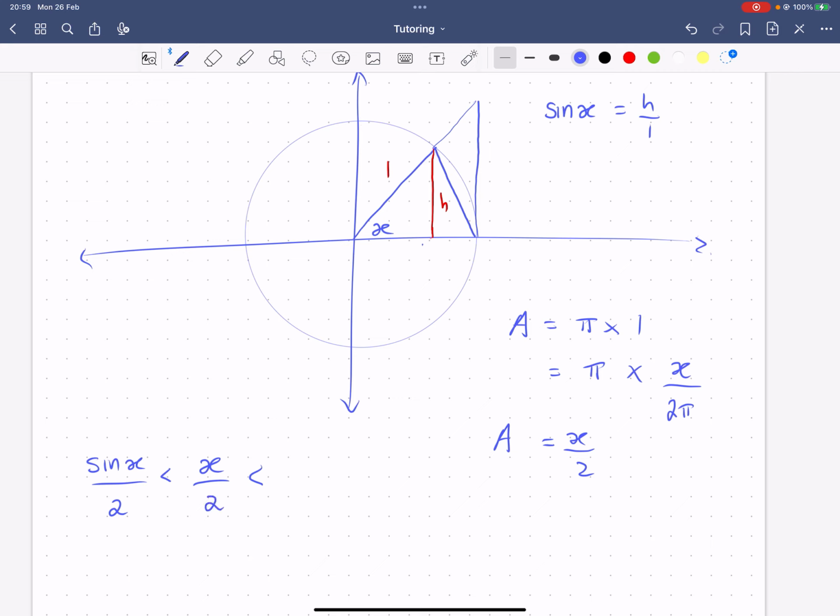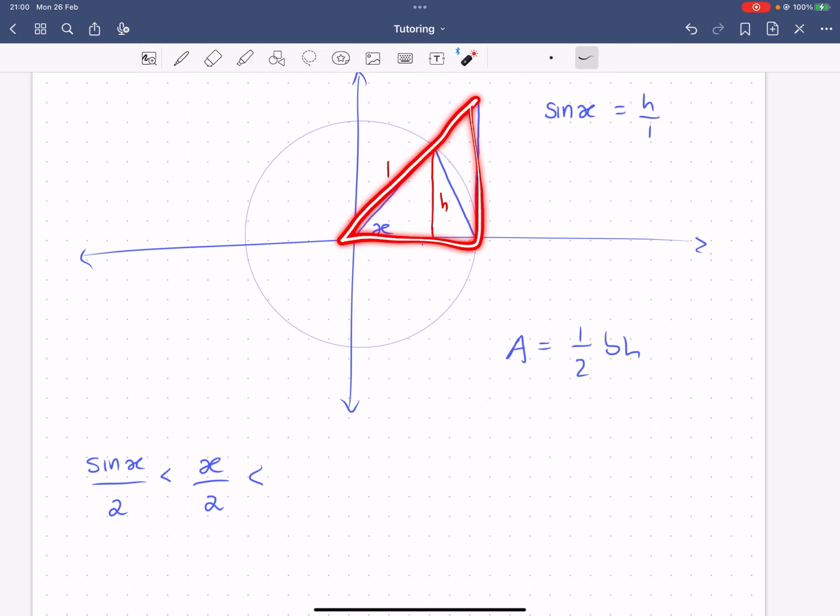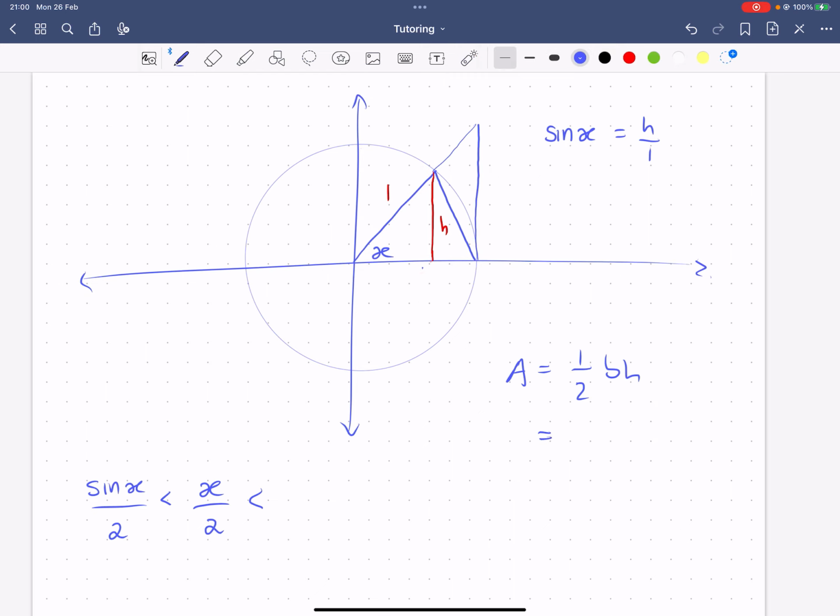Okay, now we're going to find the area of the larger triangle. So this larger triangle here is this one here. We know that the area of a triangle is half the base times the height. Again, this is a unit circle, so the base of this triangle is 1. So a half times 1 times the height. The height of this triangle is a bit more tricky because we don't know what this hypotenuse is.